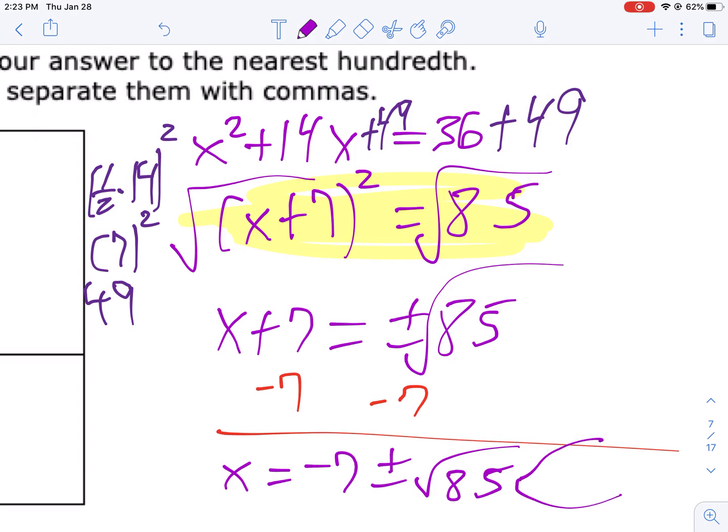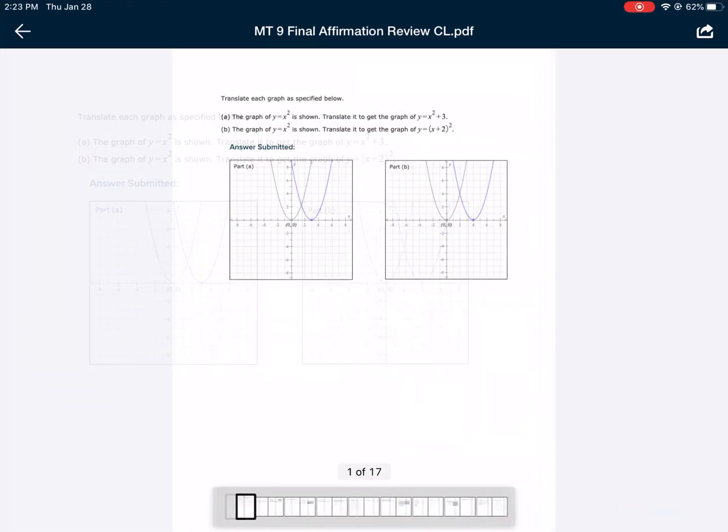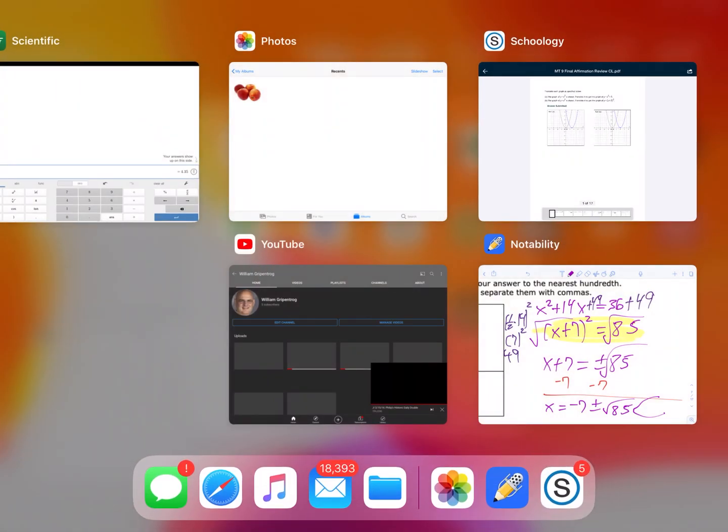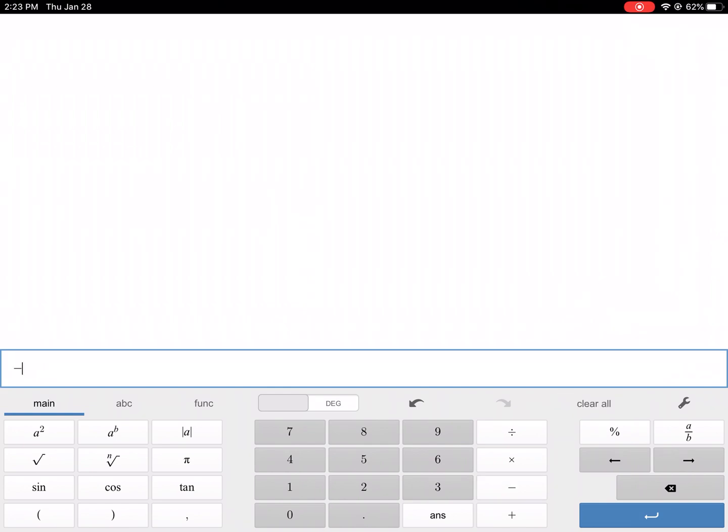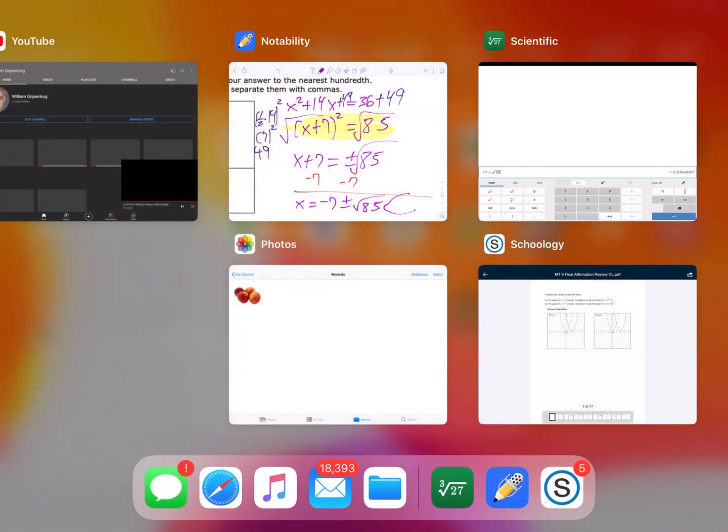We're going to use our calculator now. So we're going to take negative 7 plus the square root of 85. One of our answers is 2.22. Round it to the nearest hundredth.